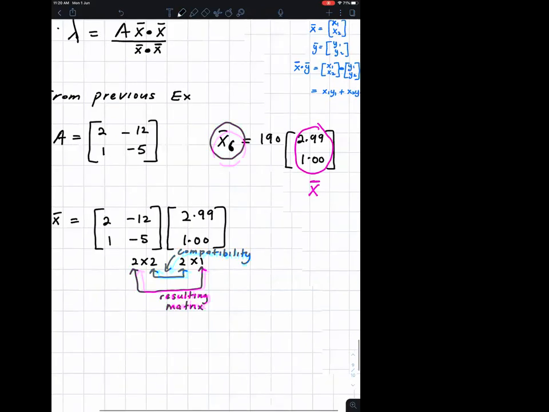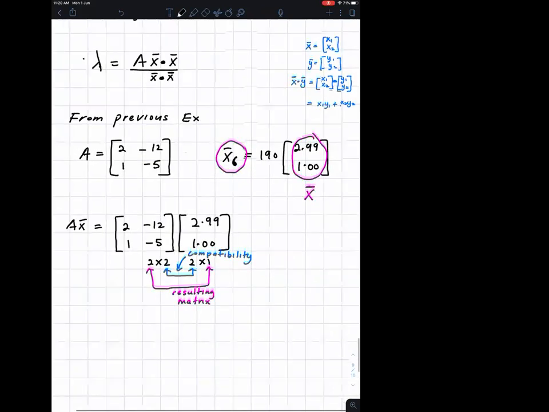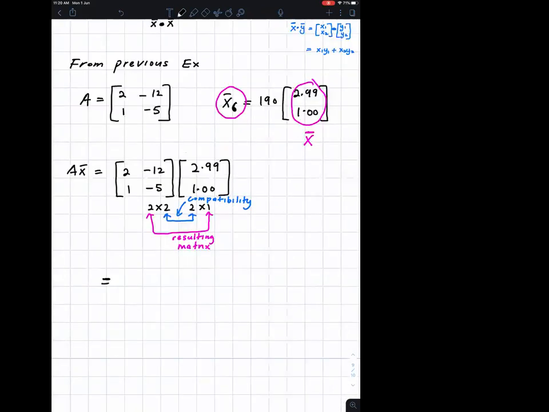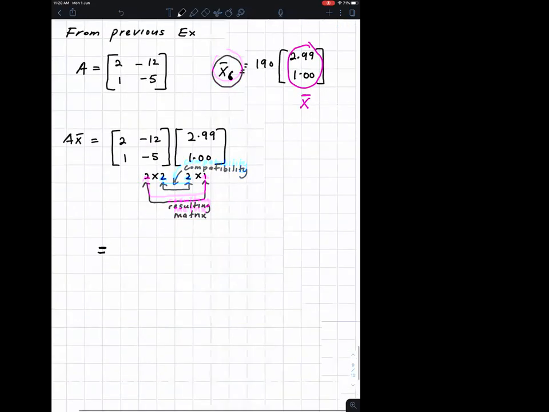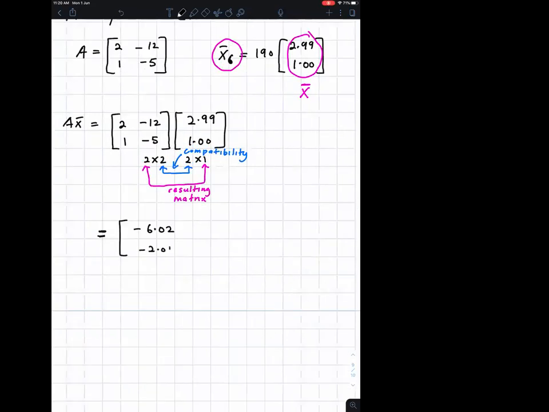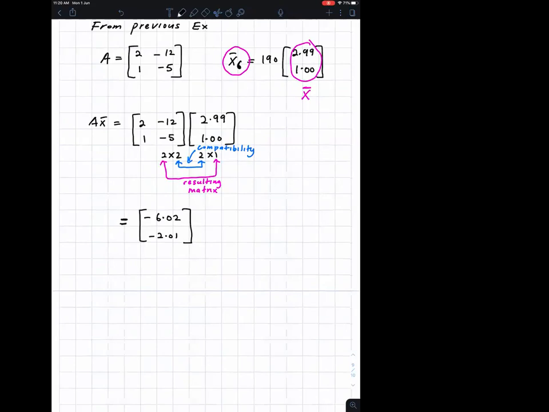So after you perform this operation, you're going to get this, so this is matrix A. Please focus on the technique.